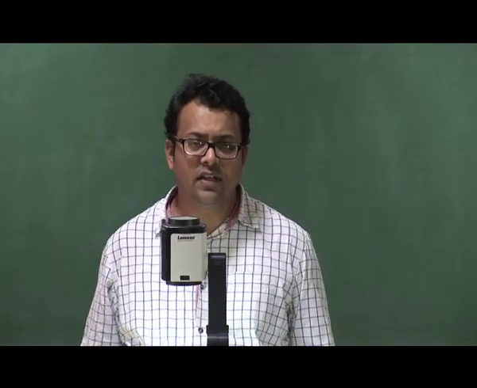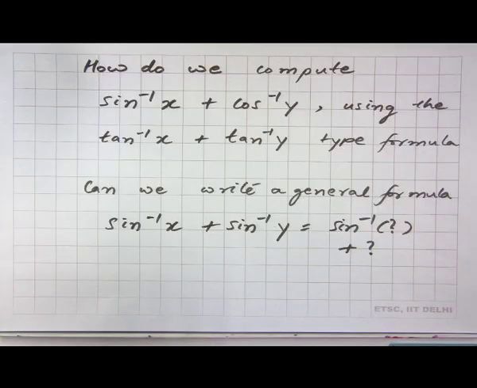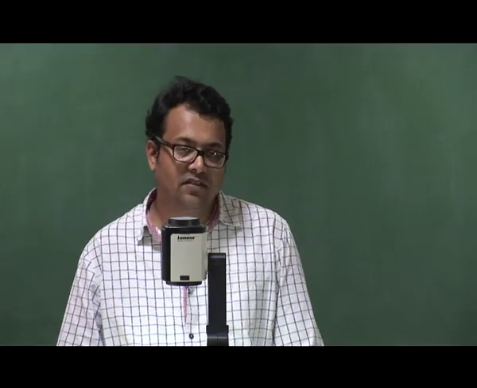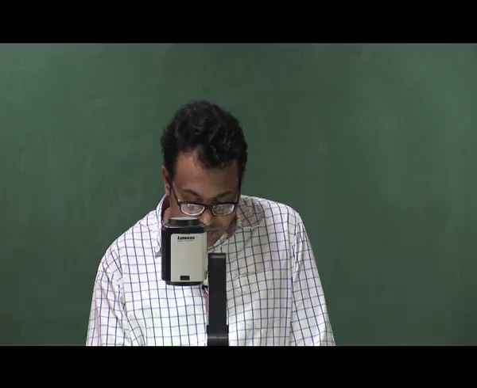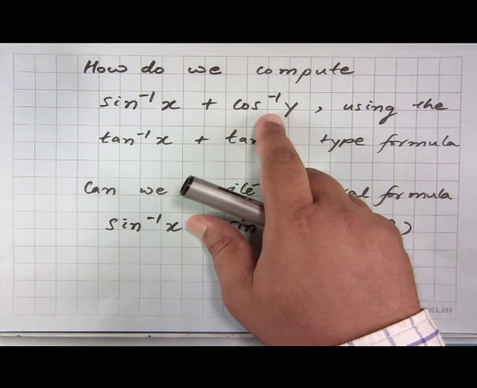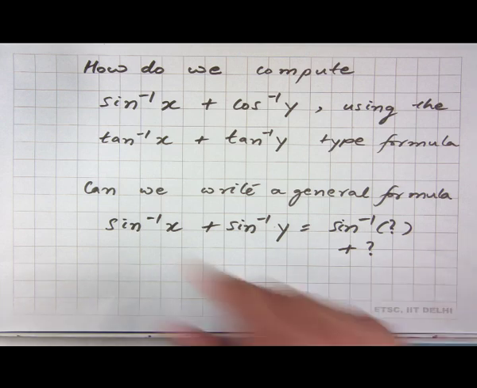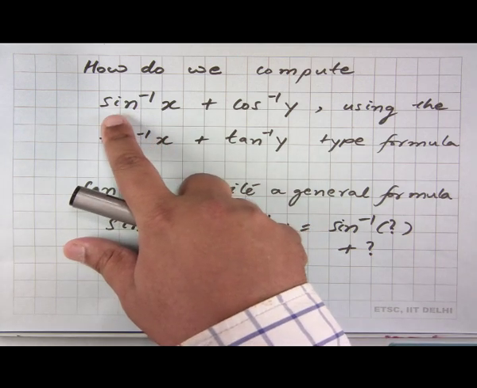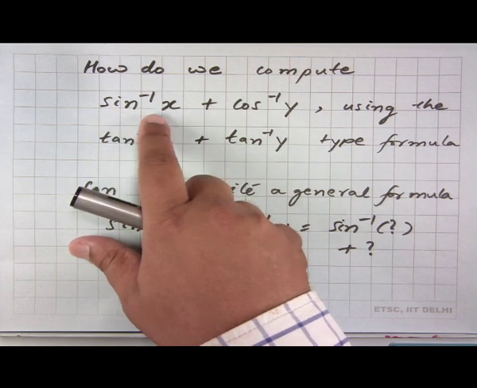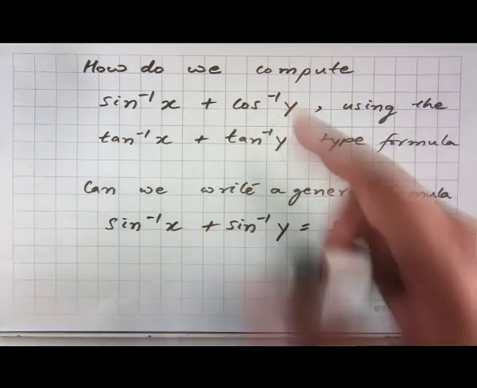So far we have only seen how to add the tan inverse of two different variables x and y, but of course these things can be generalized. For example, let us say that we want to compute sin inverse x plus cos inverse y. How do we do it? One method is that we can find conversion formulas from sin inverse x to tan inverse of something, and from cos inverse y to tan inverse of something.